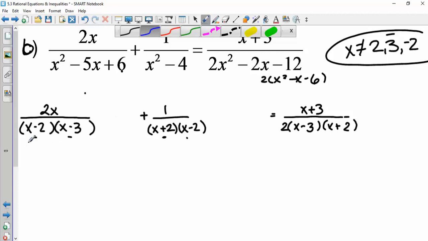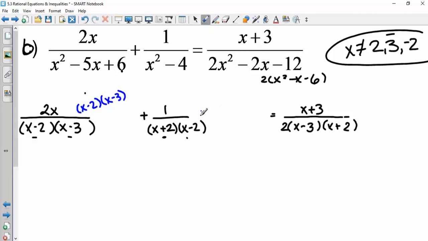Okay. For the first one, what would I have to multiply by? Right, everything that's on the bottom. We'll take it to all of these. So the 2, x minus 2, and x minus 3 cancel. The middle fraction, the x minus 2 drops, and the last one, the x minus 3 drops.